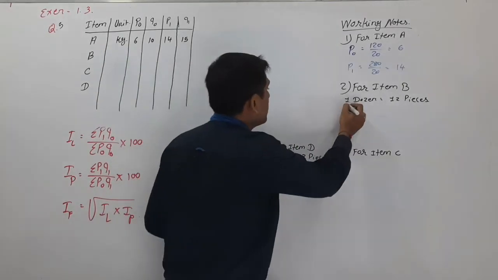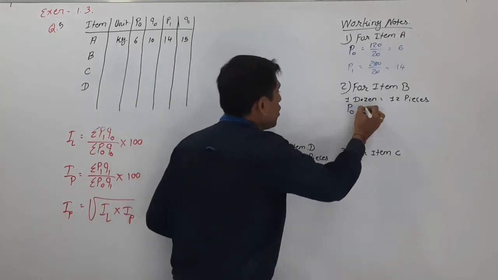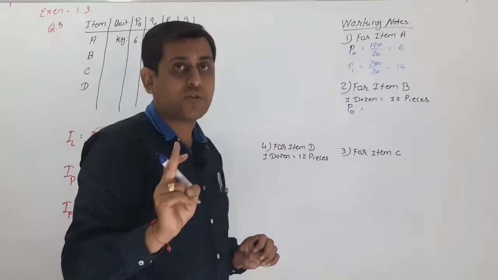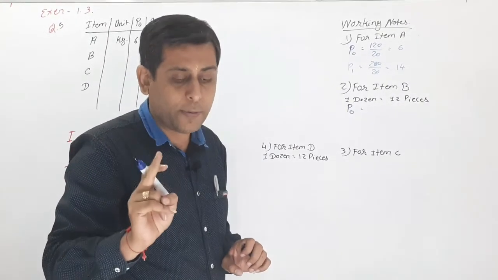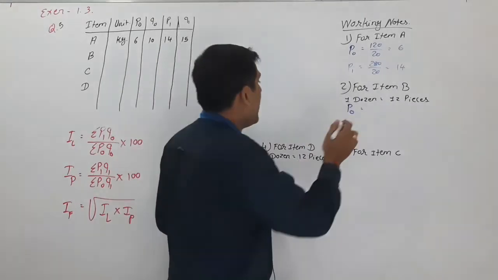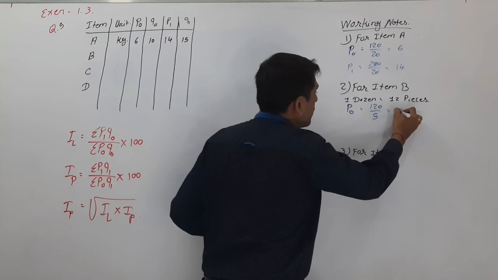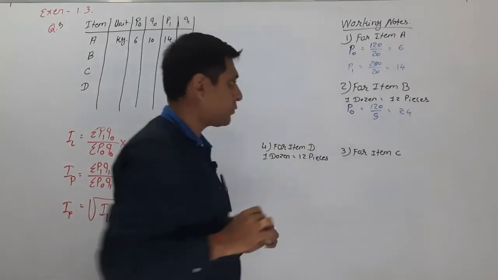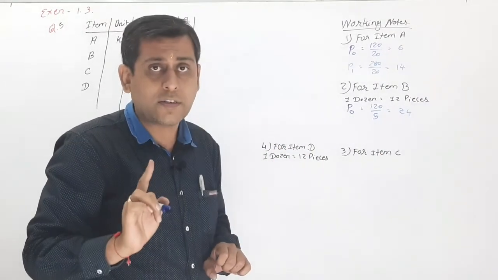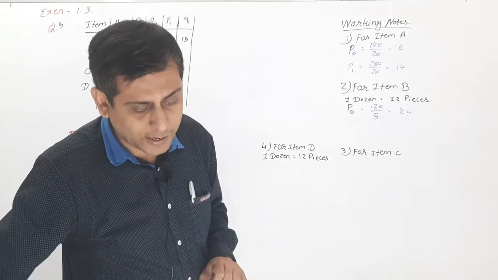See here the calculation for P0. 5 is the extra digit, so we have to divide it by the price. 120 is the price of base year divided by 5, that is 24 is the 1 dozen price, right?